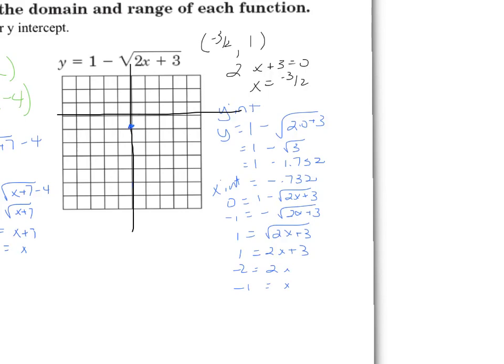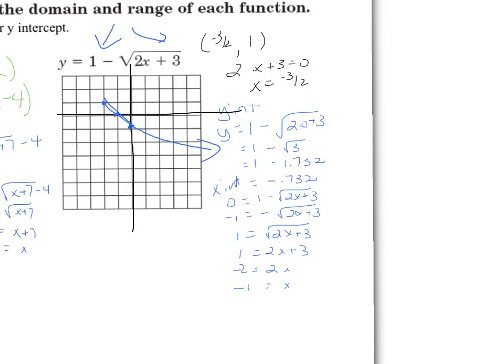My x-intercept is -1. I know the vertex is at -1.5, 1. And because it had a negative a value, I know that I'm looking for one of the square root functions that do that, which is good because that's where my points are. So this is going to come down and do something like that.